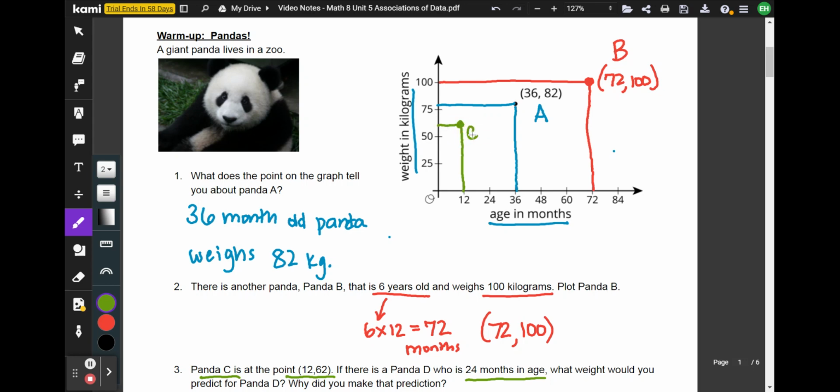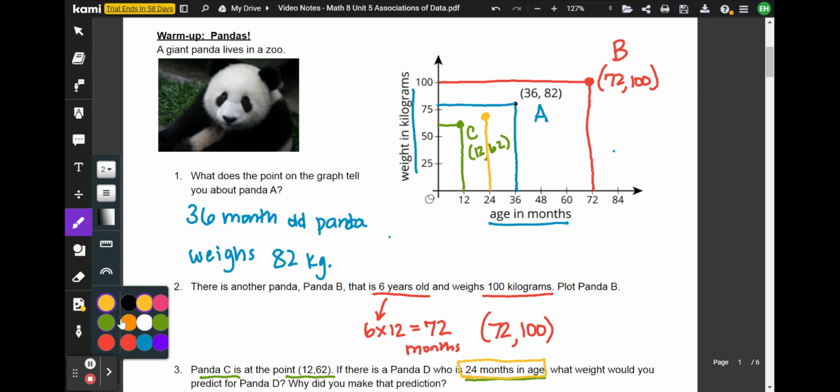So that's Panda C. If we want to predict where Panda D would lie, D is 24 months old. So that's going to be about right here. Where should we stop our line? Probably about right here, because it looks like every month or so these pandas are growing kilogram by kilogram.